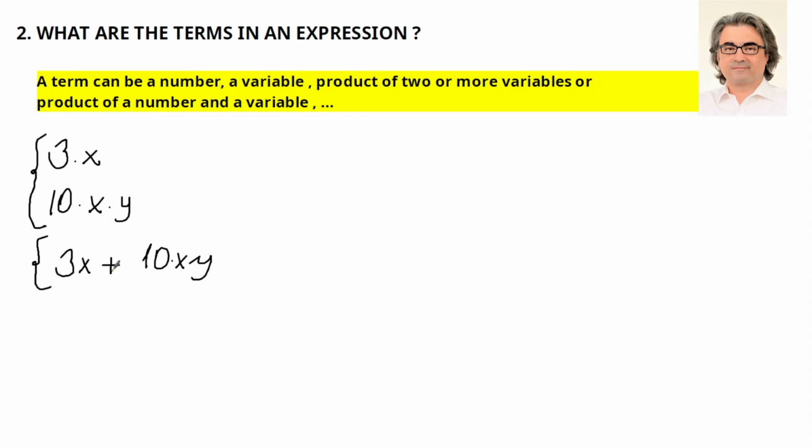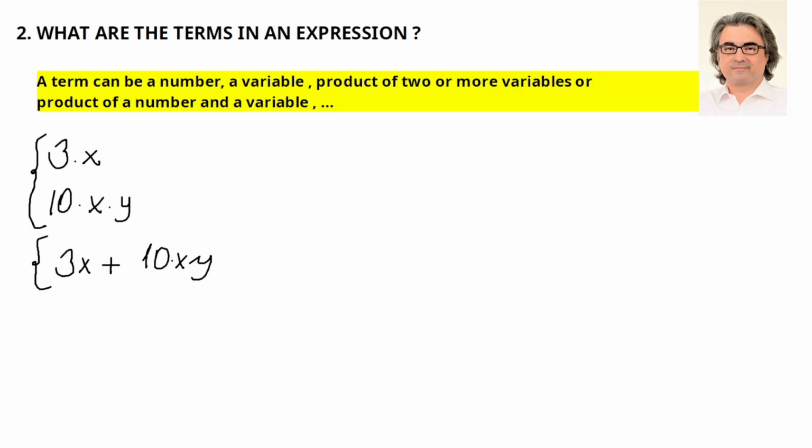I put a plus sign between them. 3x plus 10xy is an algebraic expression having two terms. Now we may give more than these examples for an algebraic expression.